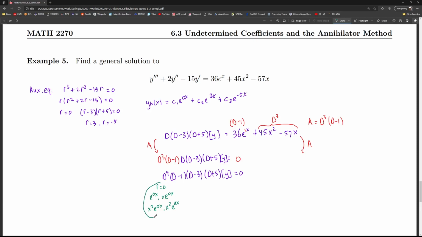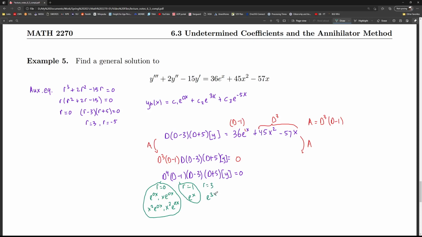So those are our functions associated with D to the power 4. D minus 1, that's associated with the root r equals 1. And so that's just e to the power x. And then D minus 3, that's associated with r equals 3.